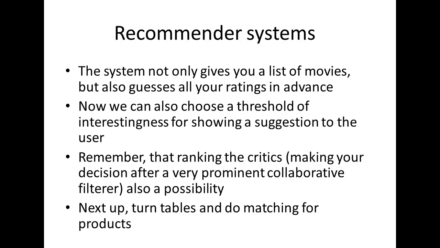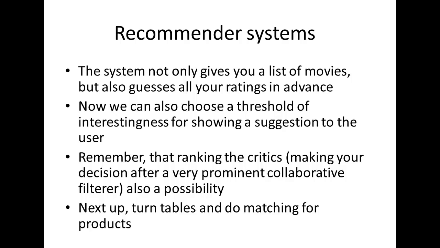We still have to remember that we can go by casting against a very prominent collaborative filterer, which means that if we have some kind of really a role model that we've identified as a top person who correlates with us the most, or who is the closest by the Euclidean similarity, then we can just look at his choices as well. So it still might be a good idea.